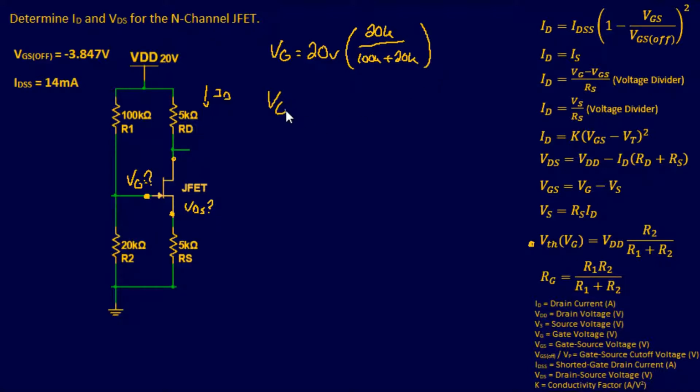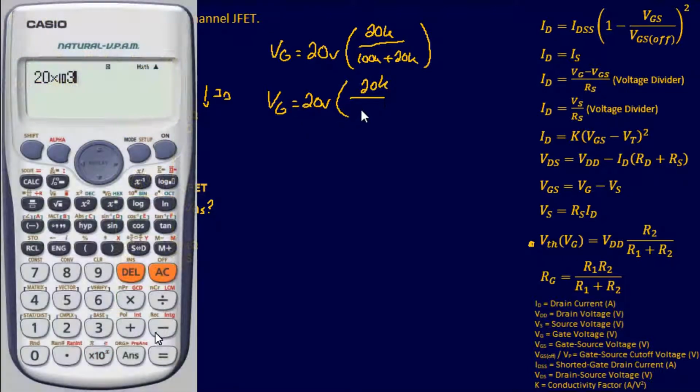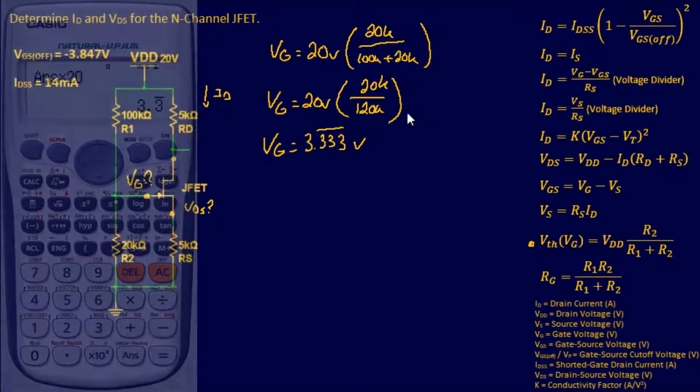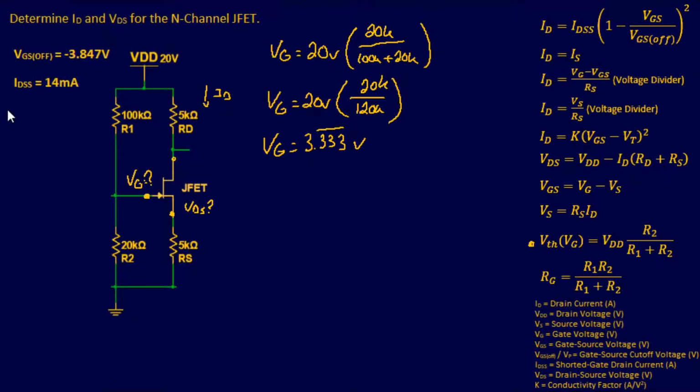And that's going to be 20 volts times 20K over 120K. If you just plug and chug the rest in your calculator, it's going to give you an answer of 3.333 repeating volts. So right there, I have our gate voltage, which I'll put over here.